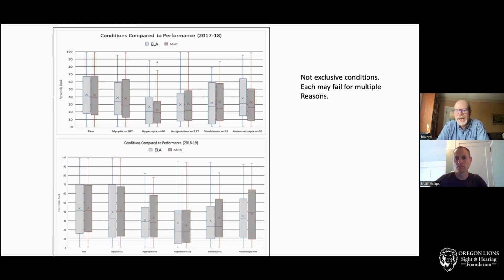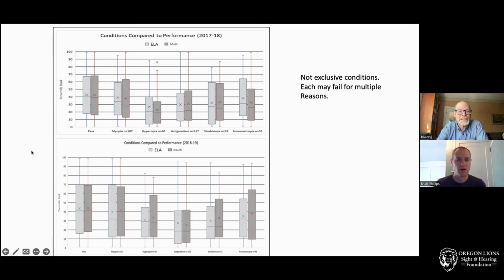Myopes are actually set and very comfortable. So that's why they tend to do a little bit better in school. At least their vision doesn't interfere with their learning as much as children who have hyperopia, who have more problems at near, and children with astigmatism who have blurry vision at all distances.